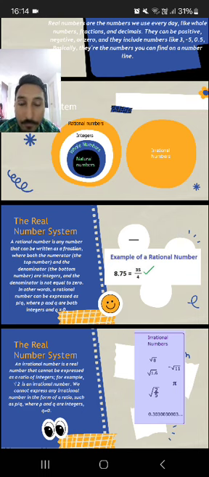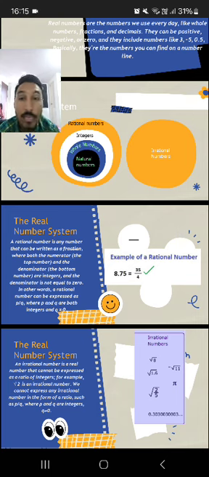What are the examples? Examples are like 1 divided by 2, 2 divided by 5, 6 divided by 8.